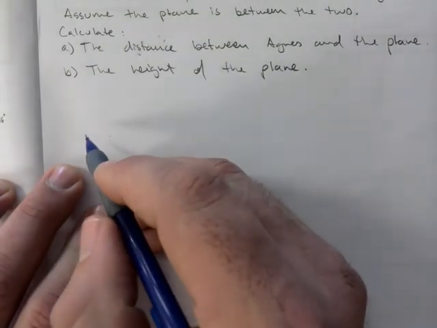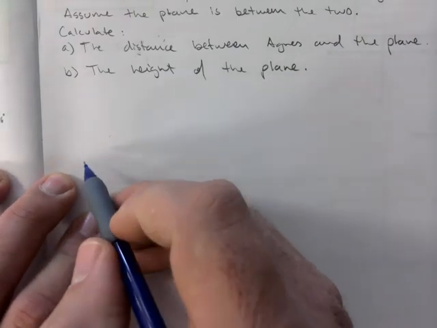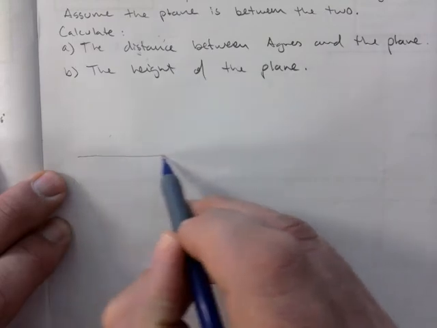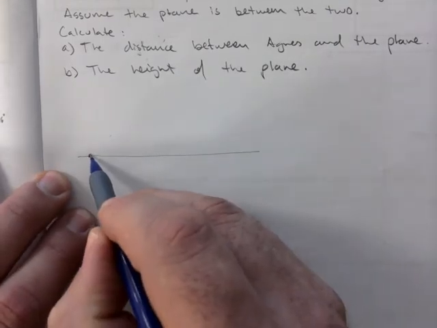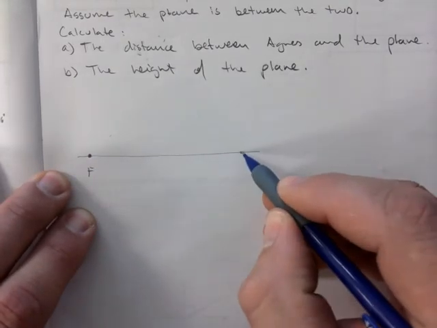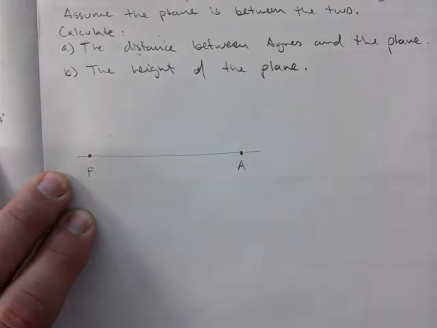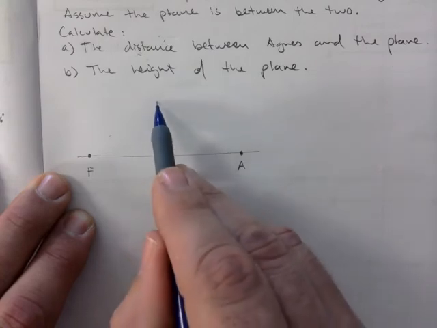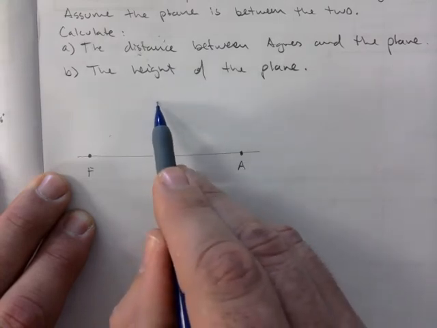Okay, so we have angle of elevation. Safe to say you're on the ground. This is your diagram here. We've got Fred and Agnes, and the plane is somewhere in between them, but it's not right in the middle, is it? One of them is looking up higher.